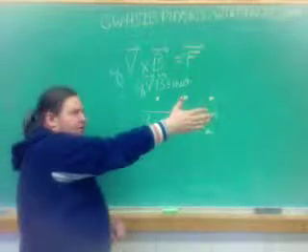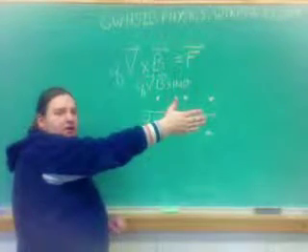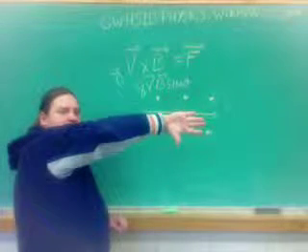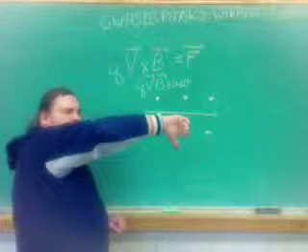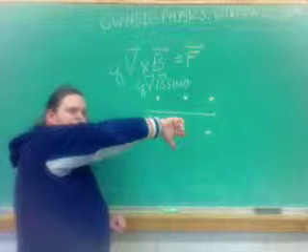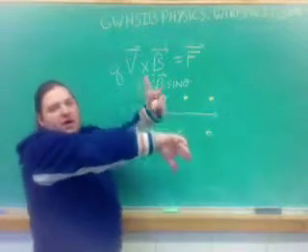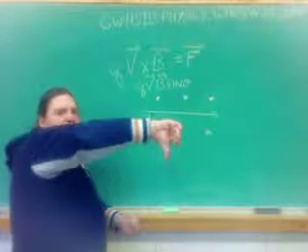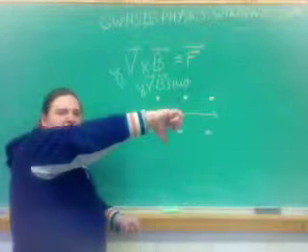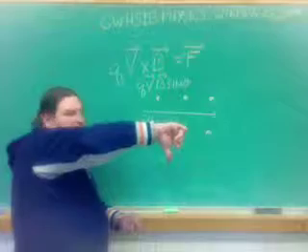So what I'm going to do is I'm going to curl my fingers into the direction of the magnetic field. I need to flip it and then curl my fingers into the direction of the magnetic field. The magnetic field is going that way, so my fingers need to be pointing in that direction. The result, my thumb, is the direction of the force.